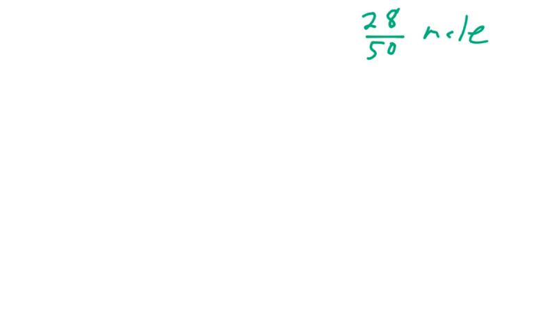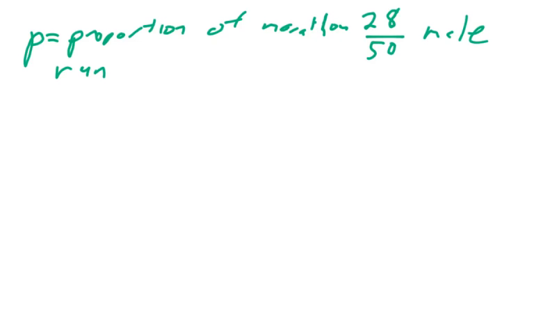So what we're going to start out doing is we're going to start out with our proportion. So P, not P hat, but P is equal to the proportion of marathon runners who are male.